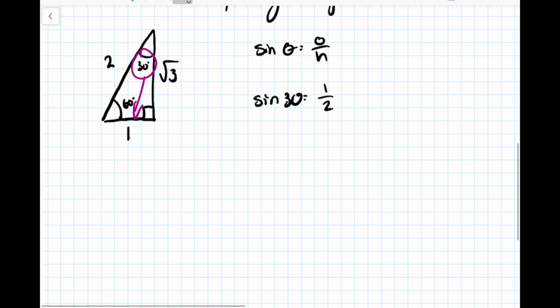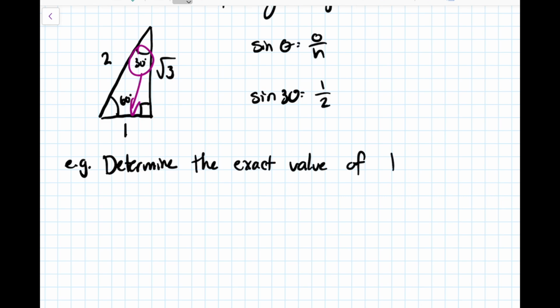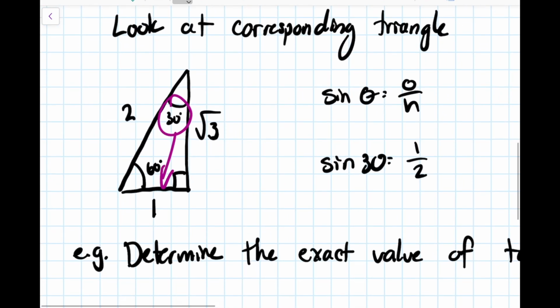But what if we ended up with one of our roots in there? So let's say we wanted to determine the exact value of, we'll say, tangent of 60. So we're in the same triangle, right? So 60 degrees is in this triangle, so we probably don't need to draw it out again.